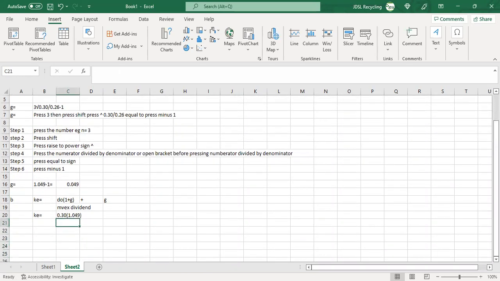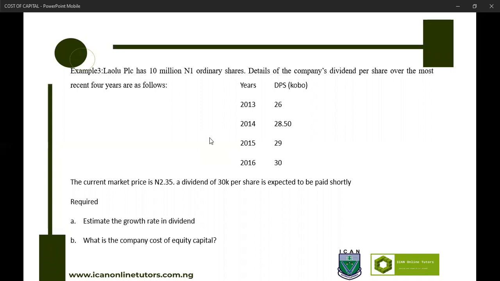We were told that the dividend of 30 kobo per share is expected to be paid shortly out of the current market price of 2 naira 35 kobo. So this will be divided by 2.35 minus 0.30, plus the growth rate of 0.049.